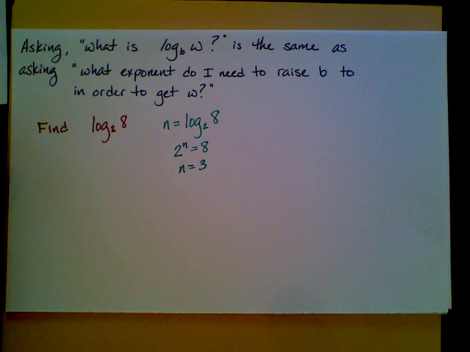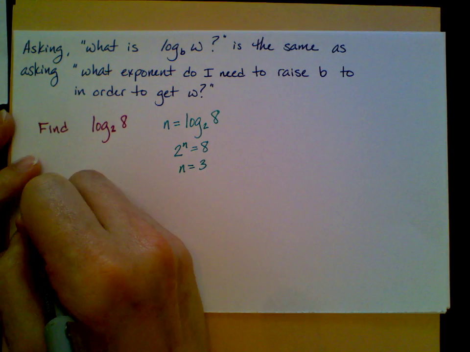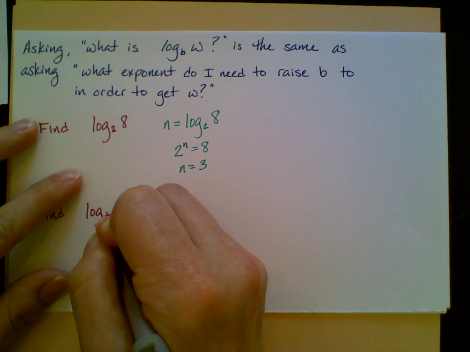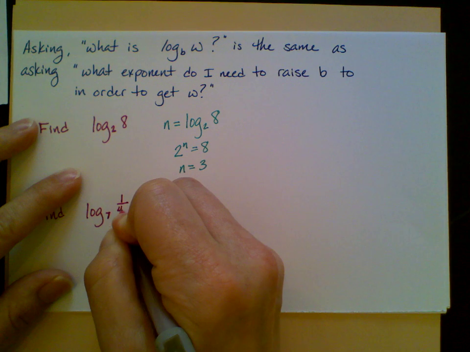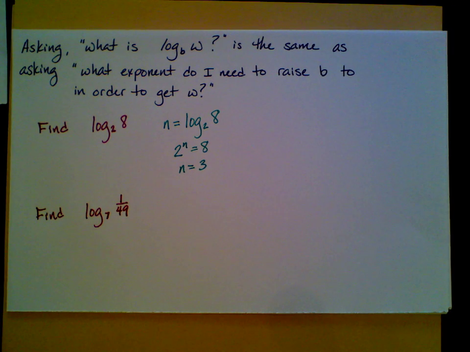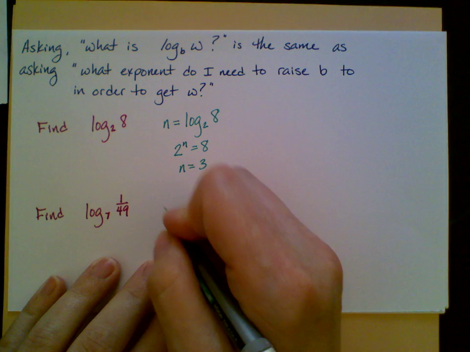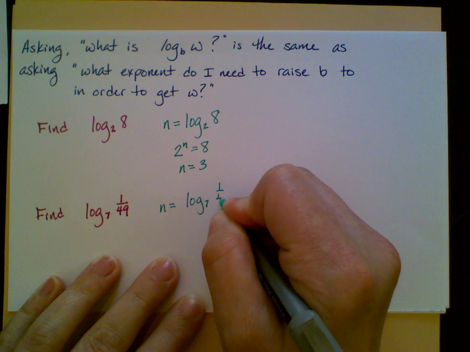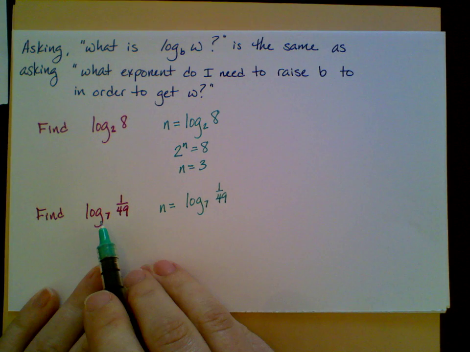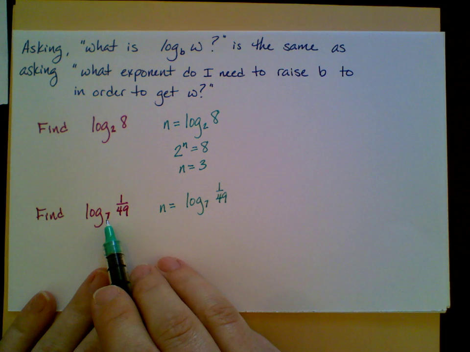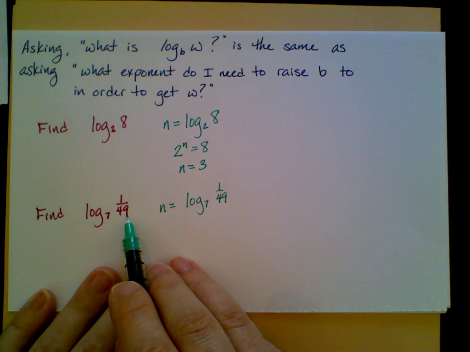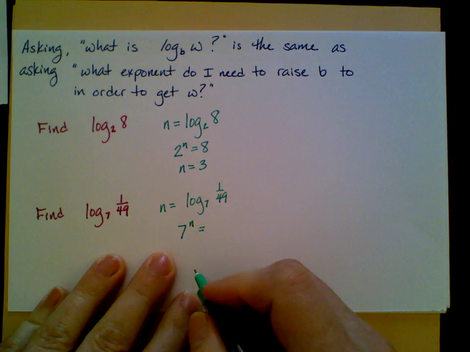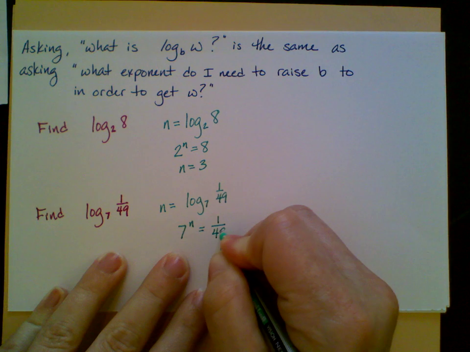2 cubed is 8. Let's do another one. I want to find log base 7 of 1 over 49. So if I write n equals log base 7 of 1 over 49, again, some people are good at asking themselves, what exponent do I need to raise 7 to in order to get 1/49th? But now I have a way of writing it that helps other people.